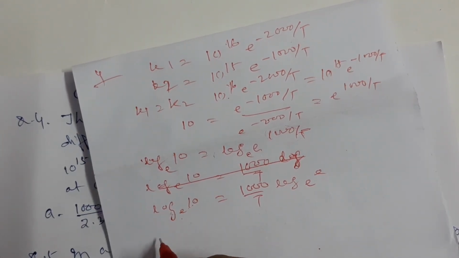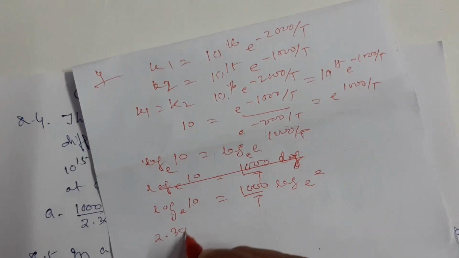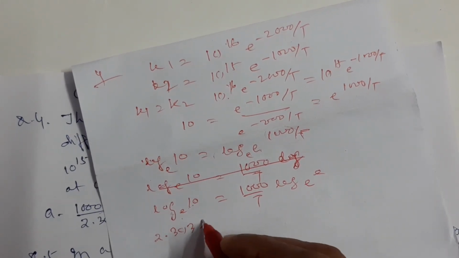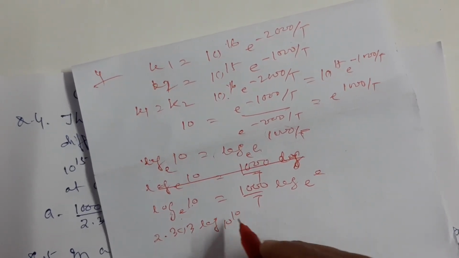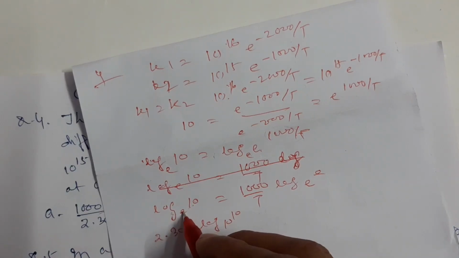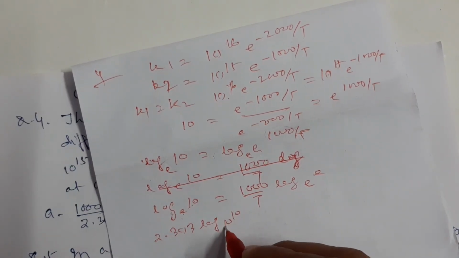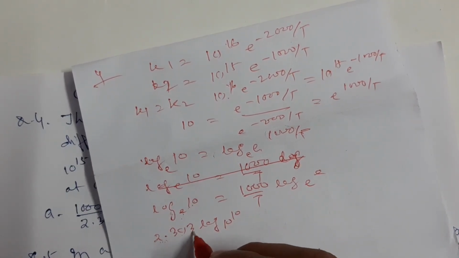But log e 10, you will get 2.303. When you convert log base e into log base 10, it is multiplied by 2.303.